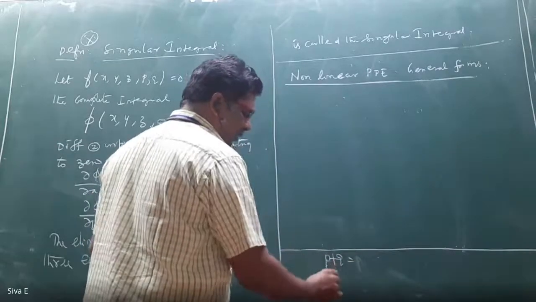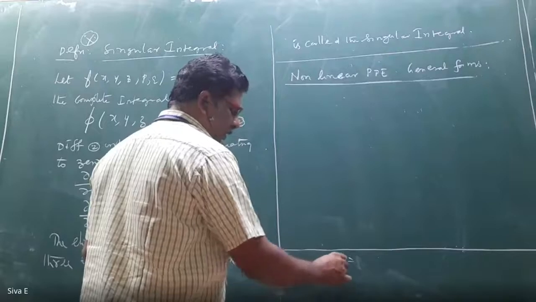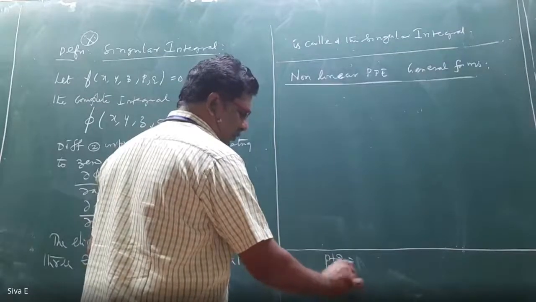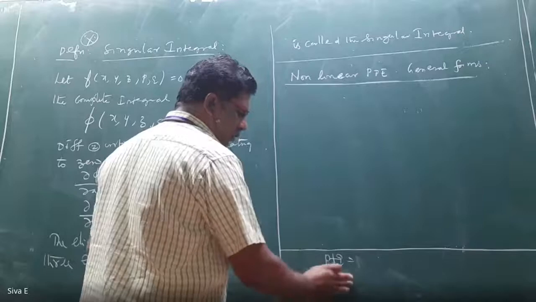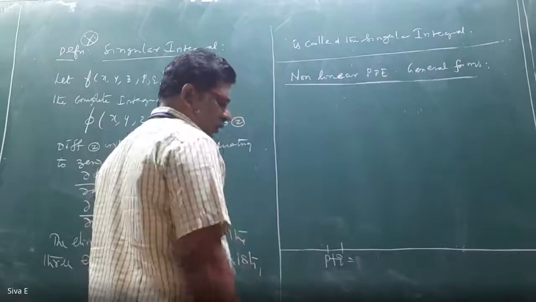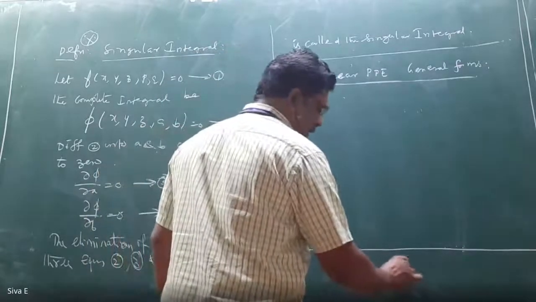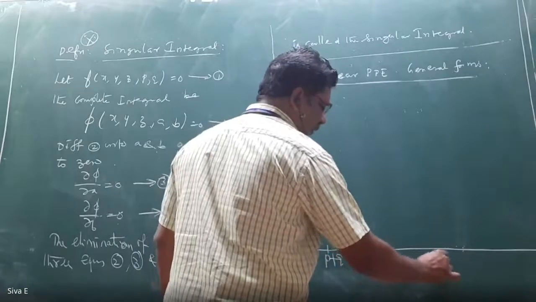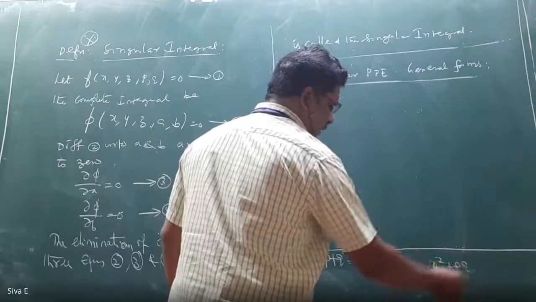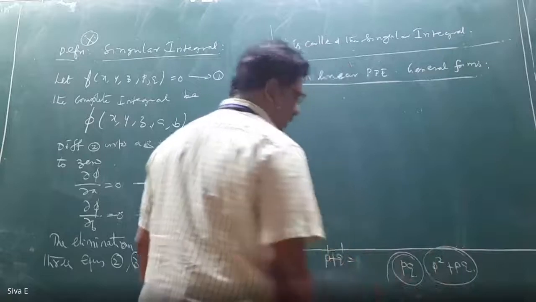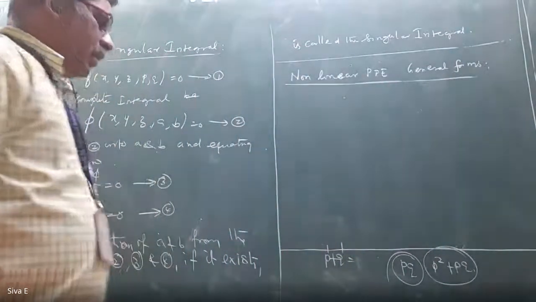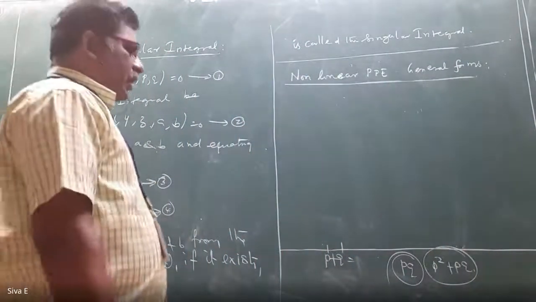Not p square plus q square. It should be in the power 1. In case it is pq or p square plus pq, like that, if the equation has multiplication, then this type of problem is called the non-linear PDE.